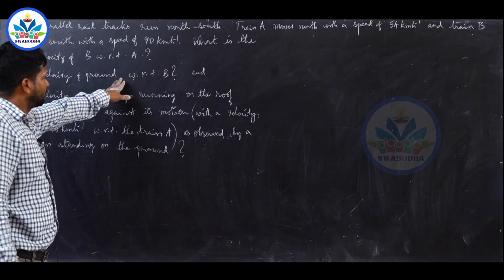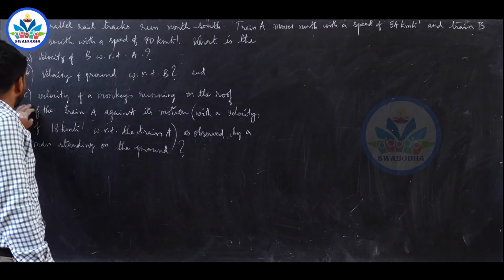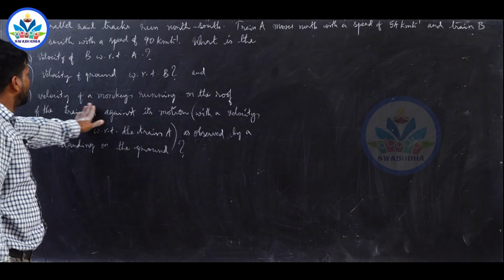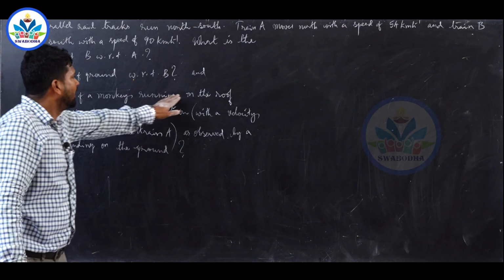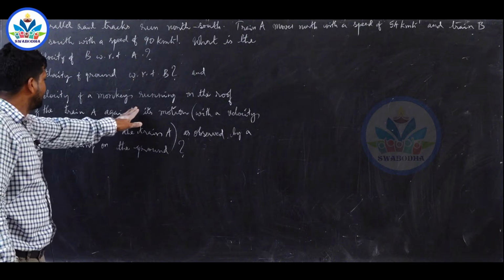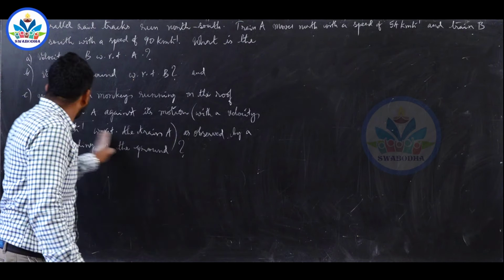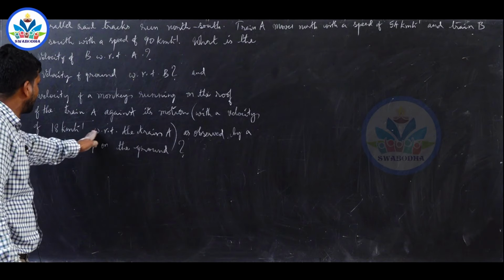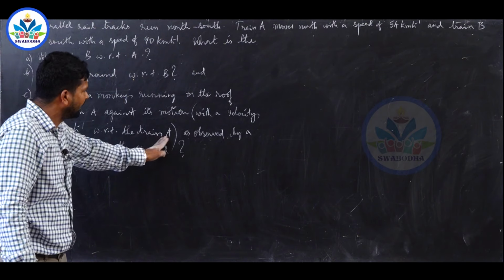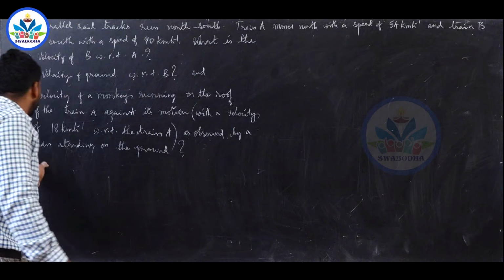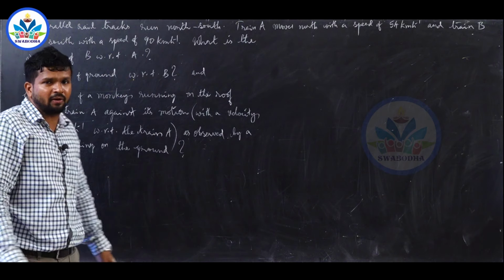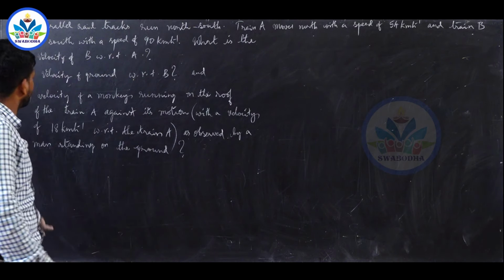Second, the velocity of the ground with respect to train B. And the third, the velocity of a monkey running on the roof of train A against its motion with the velocity of 18 km per hour with respect to train A, as observed by a man standing on the ground. Okay, a lengthier problem.